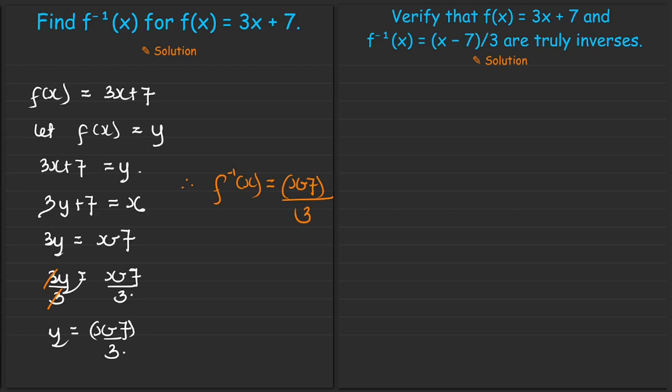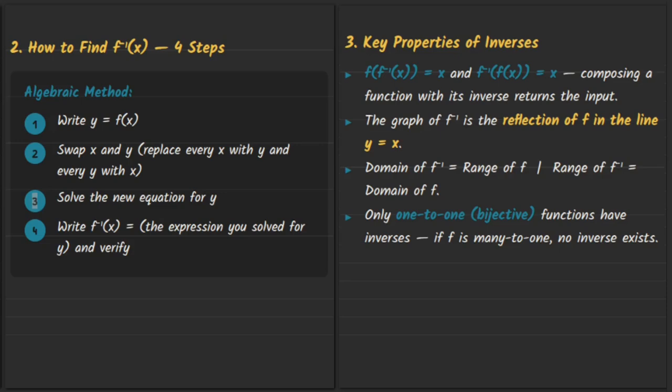Now, we know from the properties that the graph of f inverse is a reflection of f in the line y equals x, and that is what we proved in our previous one. So this time around, let's use composition for the proof. We know that composing a function with its inverse retains the input. So let's try that and see.